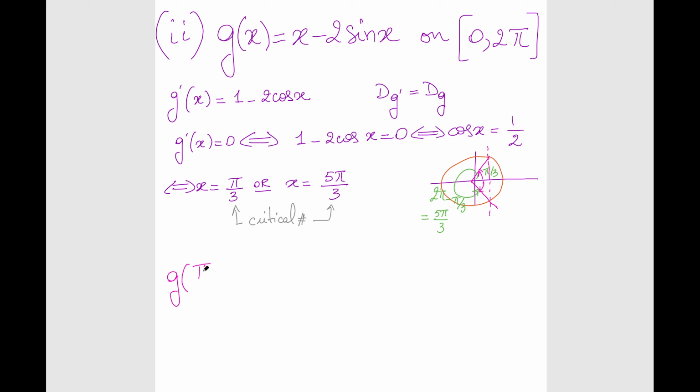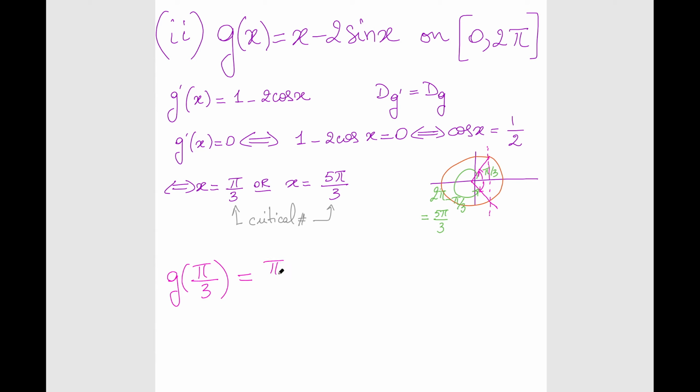G of pi over 3. This is 1 minus 2 times cosine of pi over 3, which is 1/2. Sorry, I didn't mean the cosine, I meant the sine, right? So this is not what I want. I want to evaluate g at pi over 3, not g prime. I evaluated g prime by mistake.